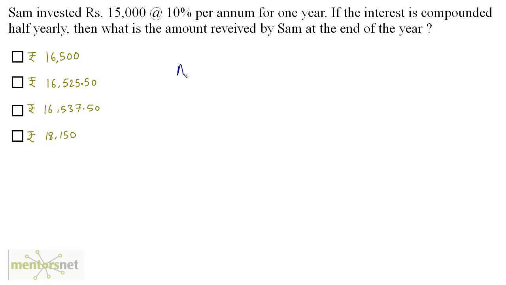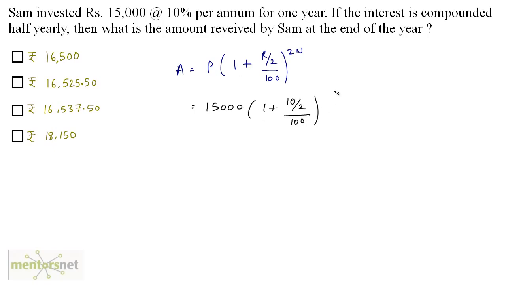The formula will be amount is equal to principal into 1 plus the rate will be halved, so R by 2 upon 100 raised to the time period will be doubled, so 2n. So therefore we have principal is 15,000 into 1 plus 10 by 2 upon 100 raised to 2 into n, where n is actually 1 year.